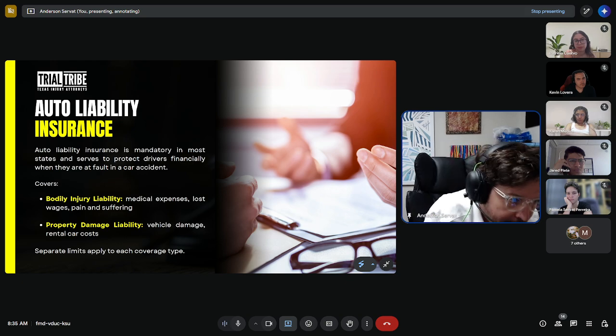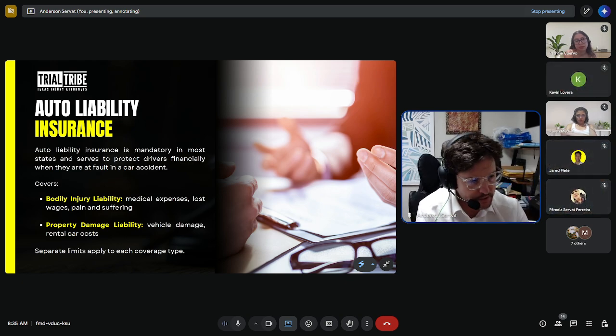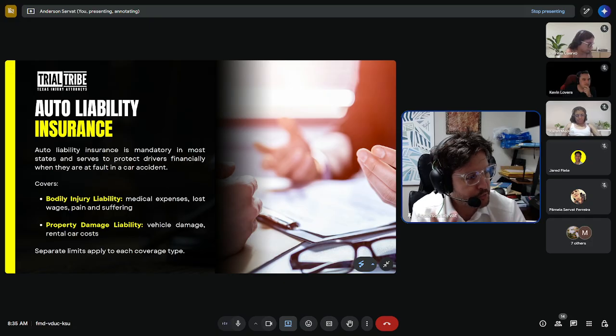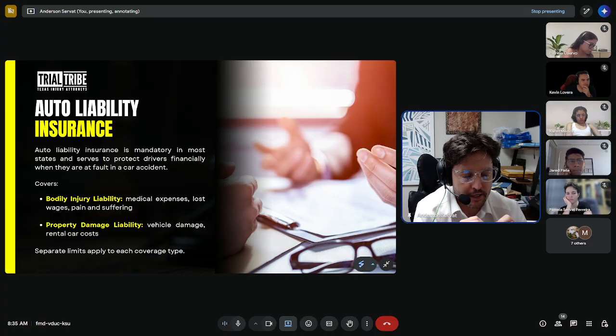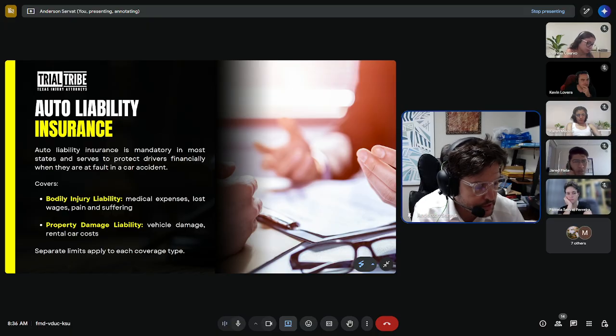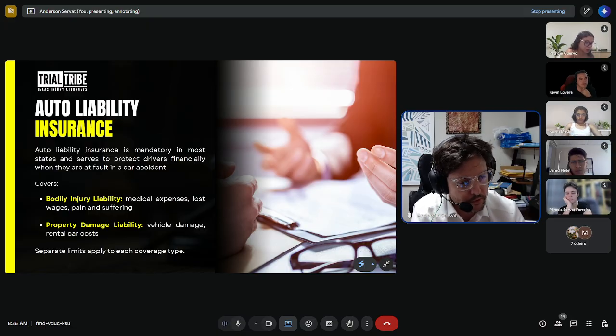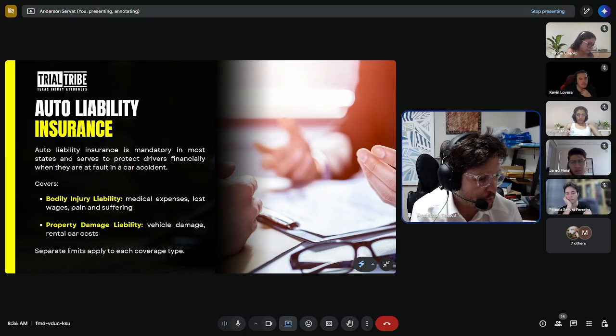Liability, again, liability is bodily injury, the physical damage, the trauma, the pain, the suffering, the lost wage, whatever. And the property damage. Property damage also includes the loss of use, which means if you hit your car and you don't have your car for 3 weeks because you are fixing the car or because the car is destroyed, so you don't have access to your vehicle, this absence of time, we can send a letter.